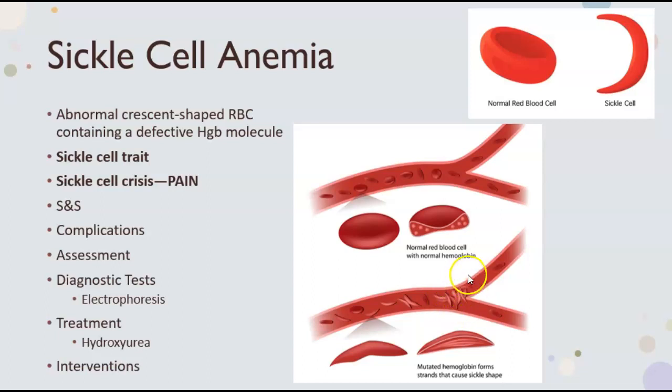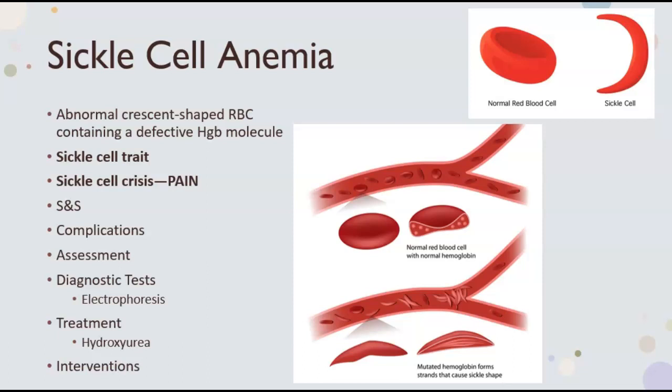That will decrease blood flow distally past this clot, and that's going to cause your pain. So the occlusion leads to ischemia, and the ischemia and tissue hypoxia cause the pain.